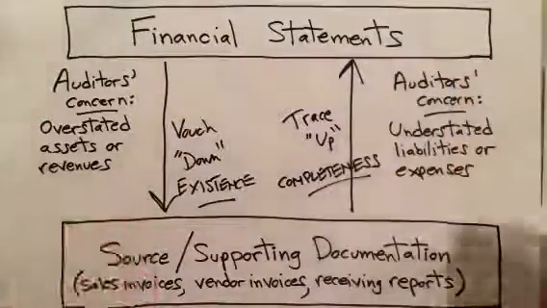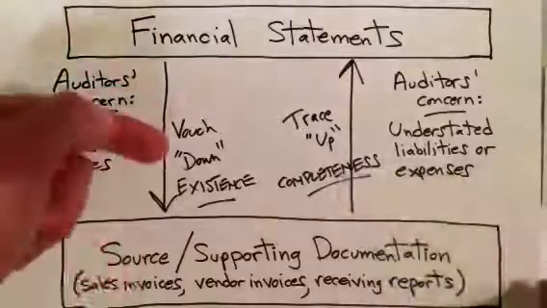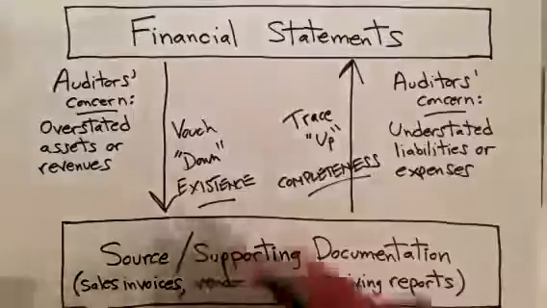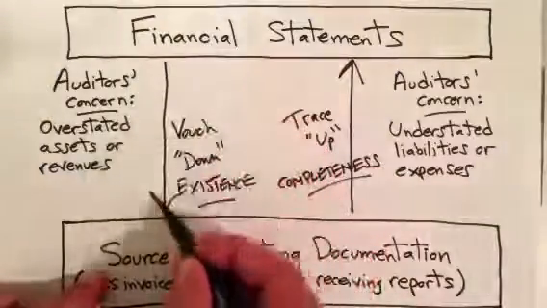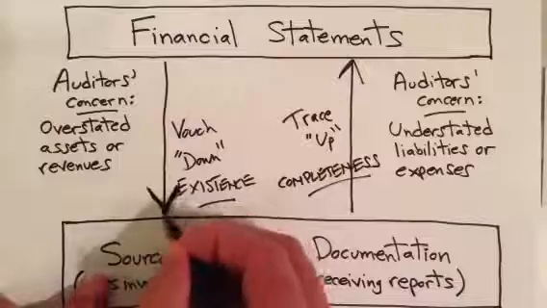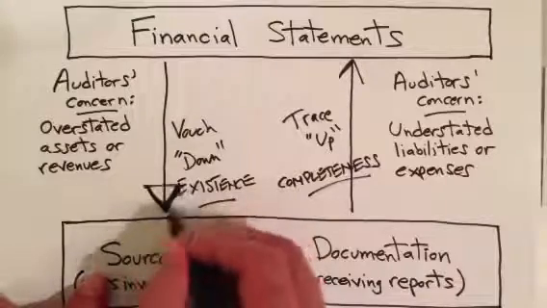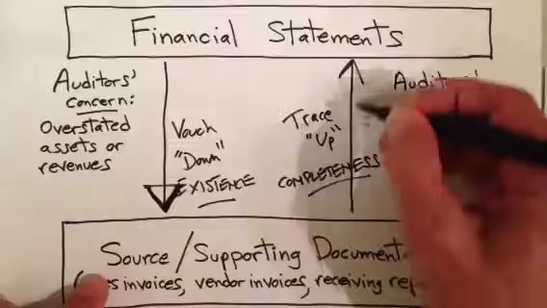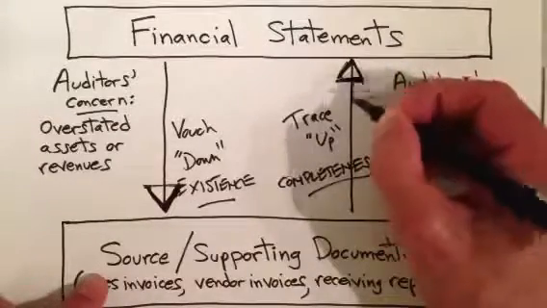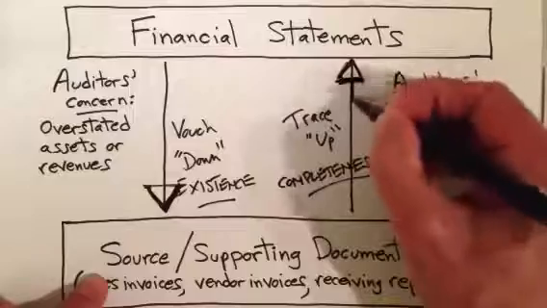And the reason we're using this model saying vouch down versus trace up is if you look at the arrow for vouching down, can everyone see the V? You can see the V here that we're vouching down. And when we trace up, on this arrow, we can draw the T in. Does everyone see the T?